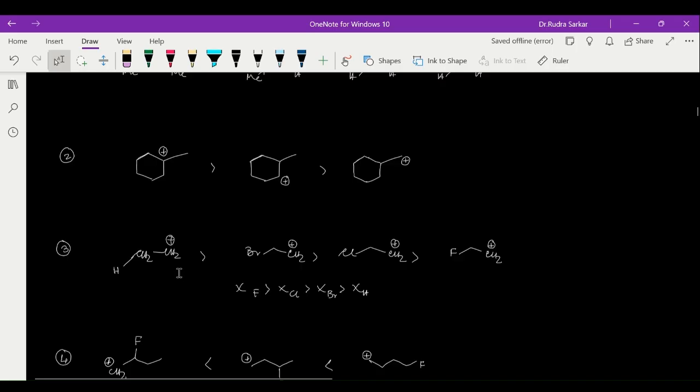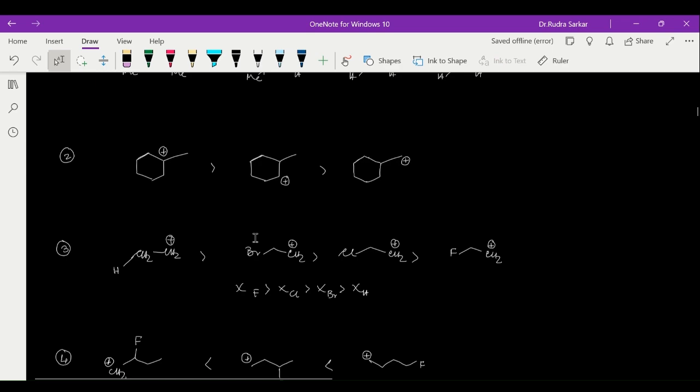Now out here we are getting the ethyl carbocation, and then its derivatives. We have a Br, we have a Cl, and we have an F joined to the beta carbon, because I am assigning the carbon bearing the positive charge as alpha.